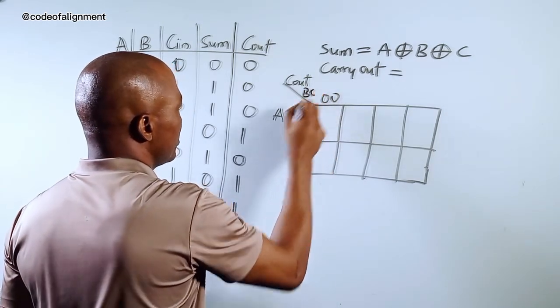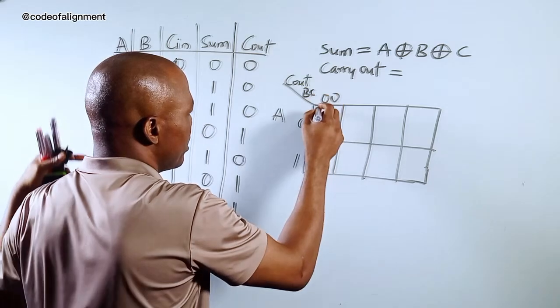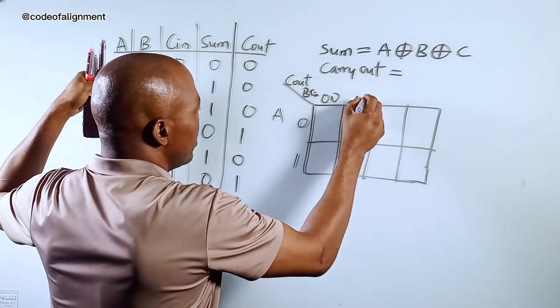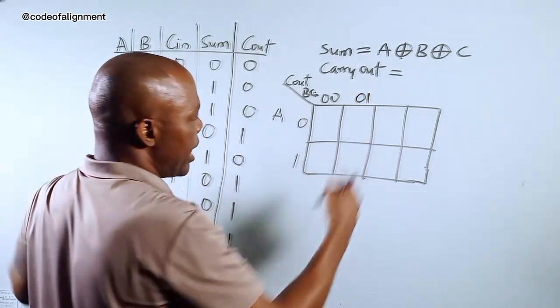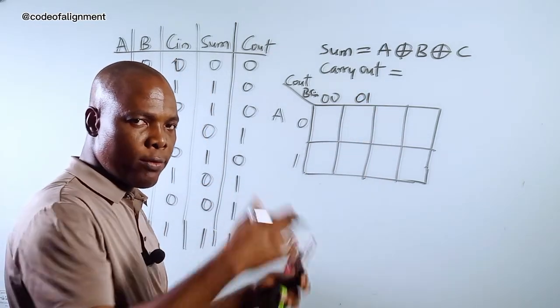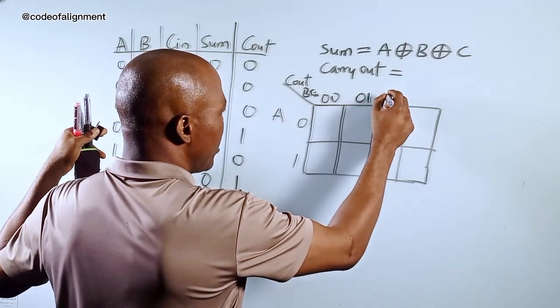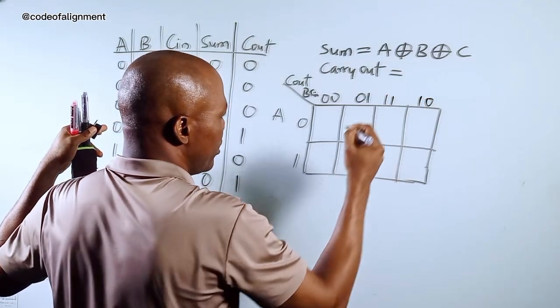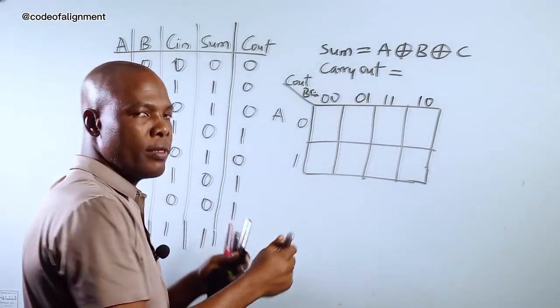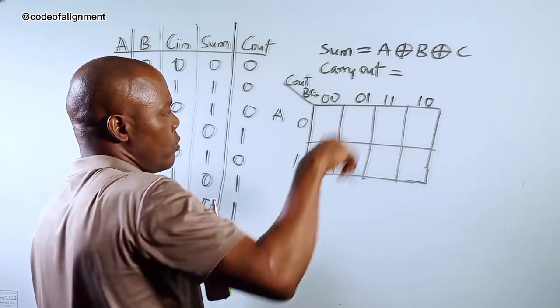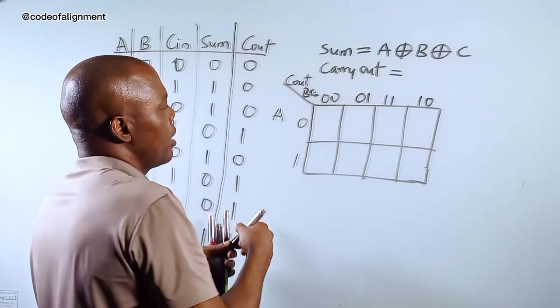This is B C in. So 0, 0, 0, 1. Then I told you, gray code. I have to switch the position. Instead of 1, 0, I'll put 1, 1 here and I'll put 1, 0 here to allow us have good neighbors, 1 bit changing. And then we'll create a circular form.